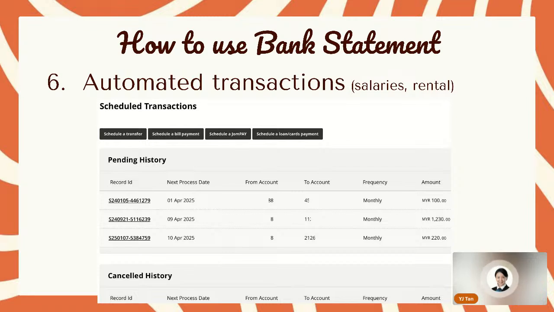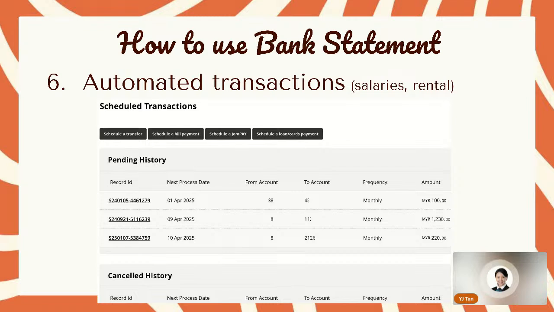They will set up and configure in the bank's online system to pay the salary monthly, with scheduled instructions. When the date comes, the bank system will automatically pay to the intended account. Or even rental, which is quite fixed. That's why it's all instructed.